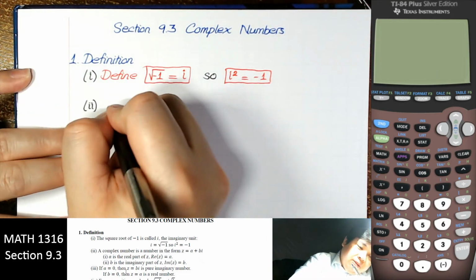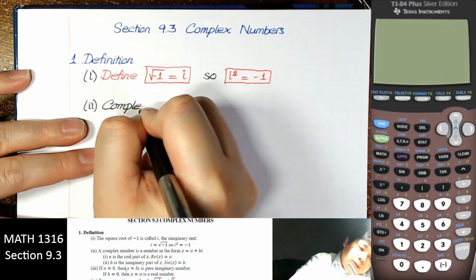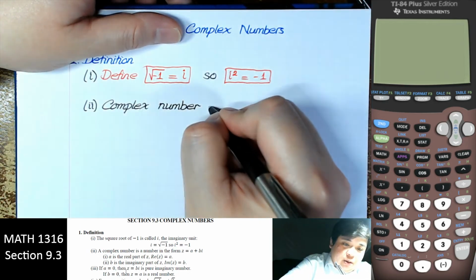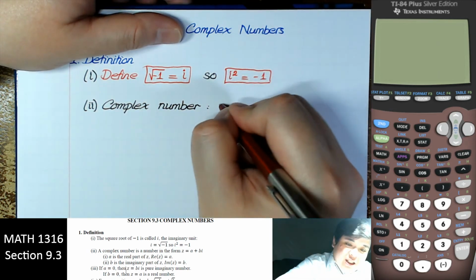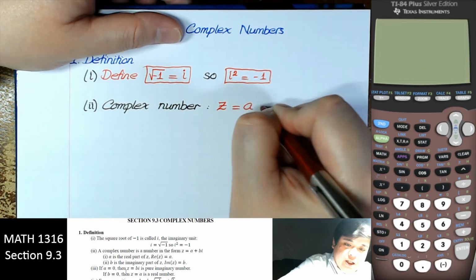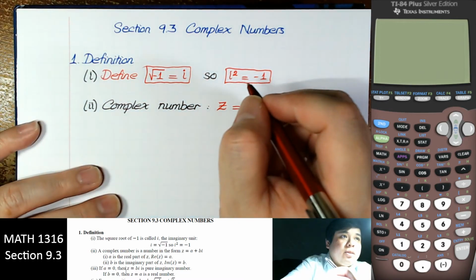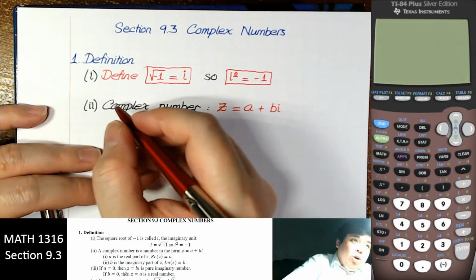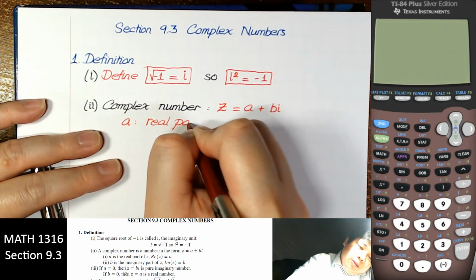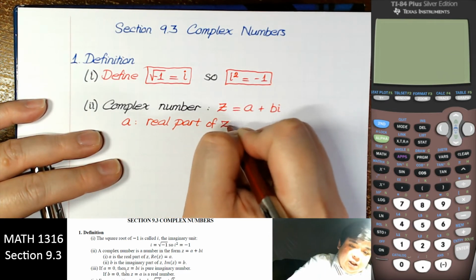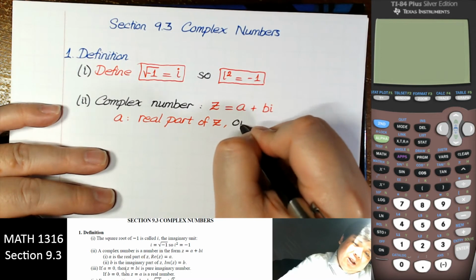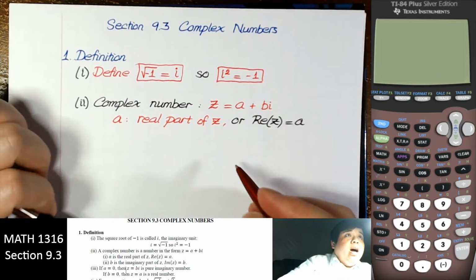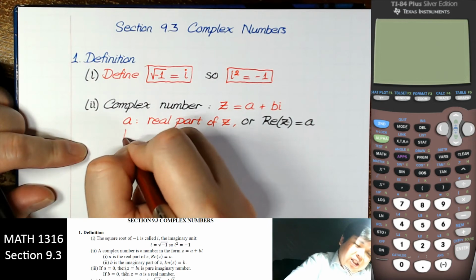Next, a complex number is in the form z equal to a plus bi, where a is called the real part of z, or we can say the real part of z is equal to a. b is the imaginary part of z.